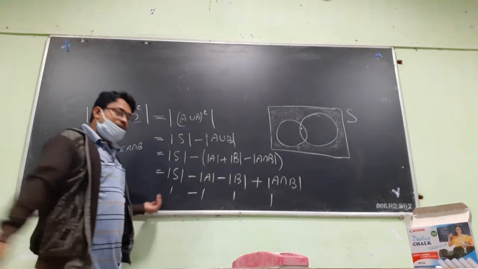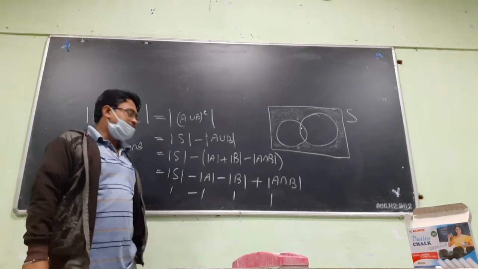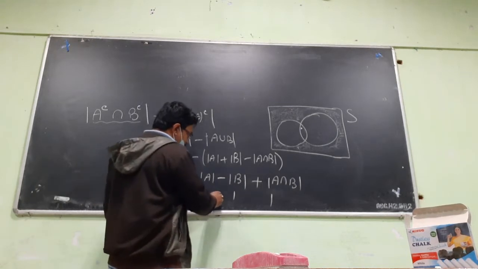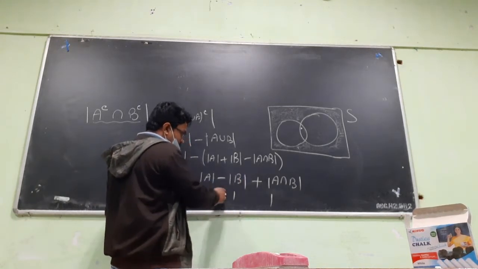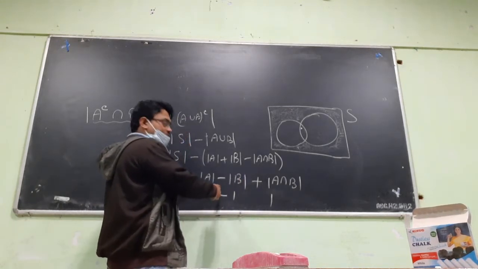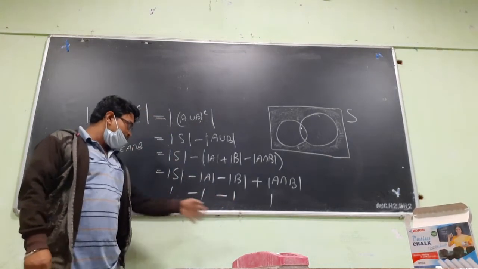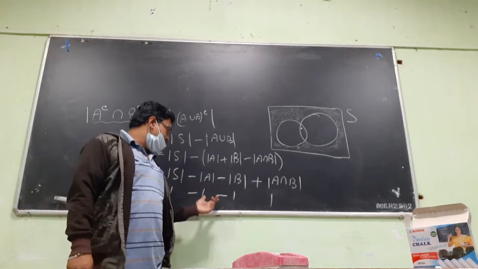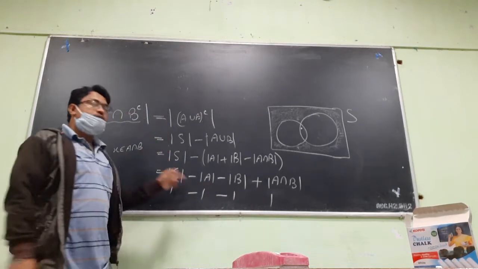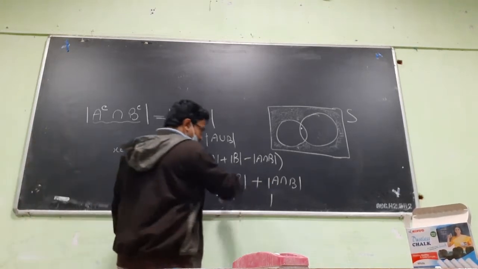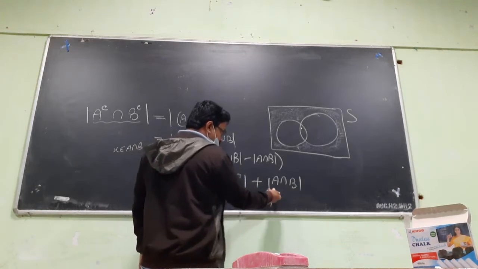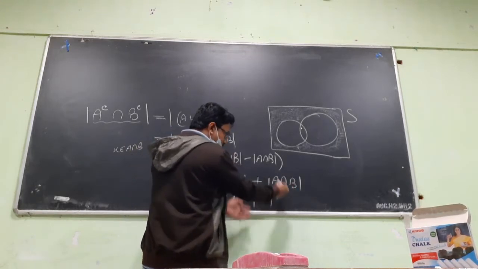So once it is counted, next it is removed. Then when we remove the elements of B, it is removed again. That means we have removed the same element twice. Then if we add it, plus this, we bring it back.